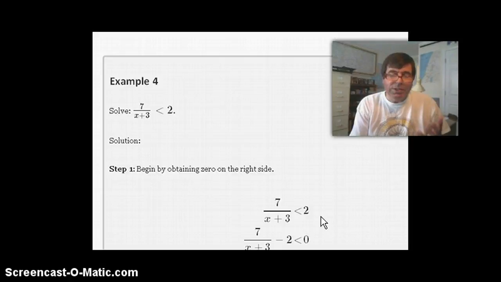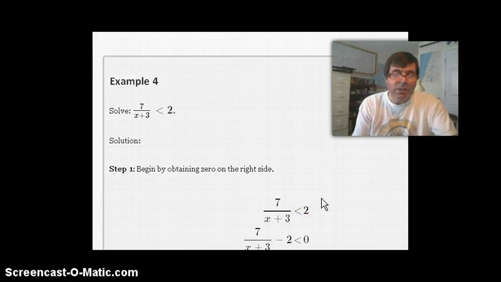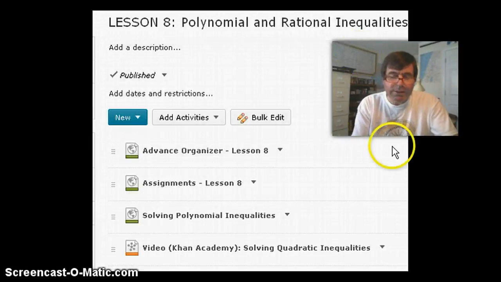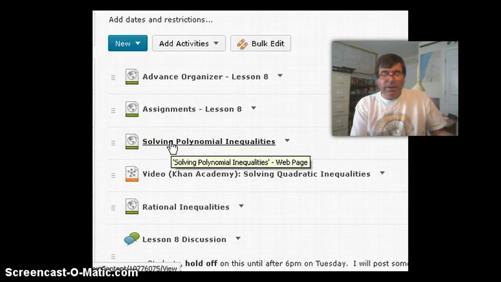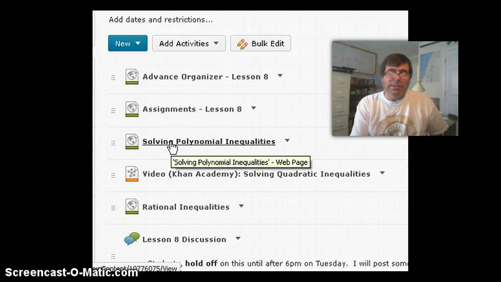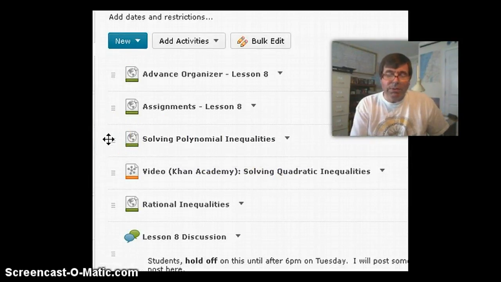Now there's other ways to work rational inequalities. You'll have to do a little manipulation. I will try to encourage you to follow through with that after you get the basics down. Okay, back to our tasks here. Now this third one is another approach, another lesson approach on solving the quadratic and polynomial.